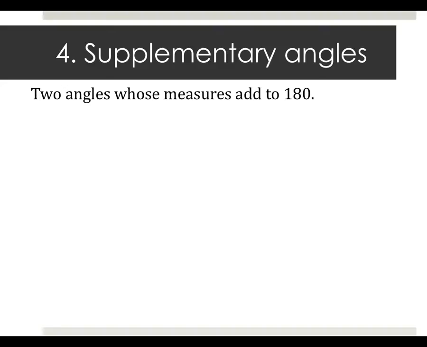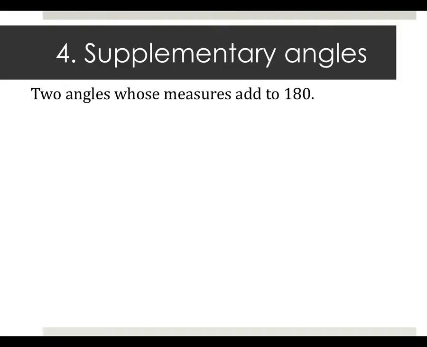Linear pairs had to be next to each other. Vertical angles had to be across from each other. Supplementary angles don't care. If you've got 2 angles that add up to 180, they're supplementary. One could be on the board at the front, one could be on the board in the back, they're still going to be supplementary. A 100-degree angle is always supplementary to an 80-degree angle regardless of where they are. Location is not important.